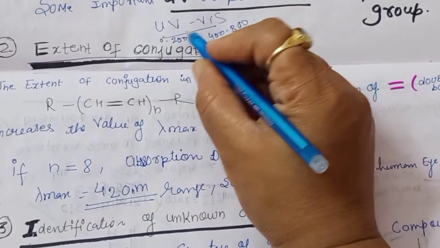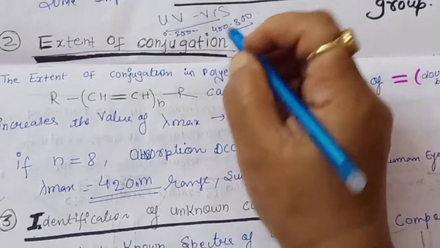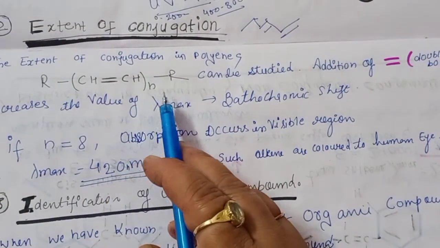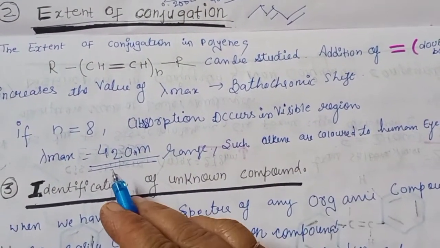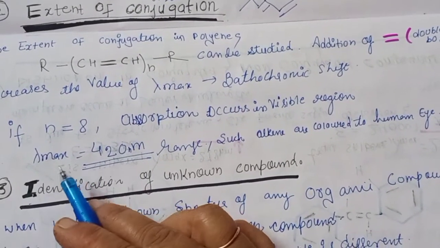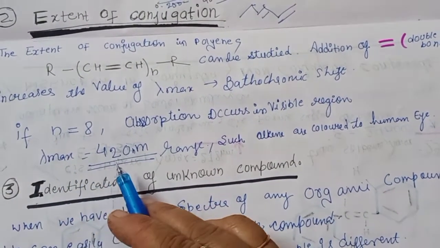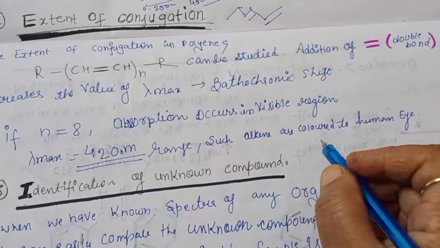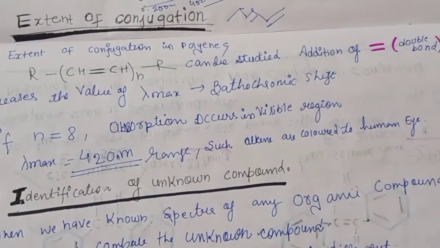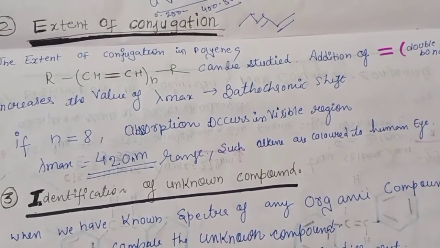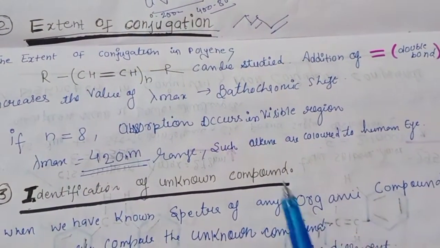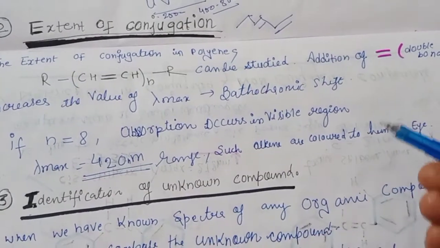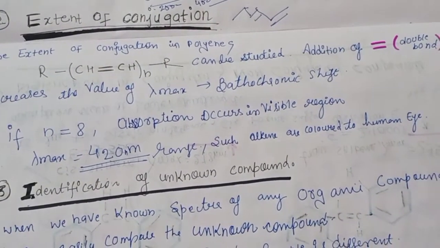So if the conjugation n equals 8, the absorption occurs in the visible region, and the lambda max value for that absorption will be 400 nanometers. Such alkenes are colored to the human eye. For example, lycopene present in tomato, which I have already explained in the first part of the ultraviolet spectrum. Its absorption value is above 500 because there are 11 double bonds.